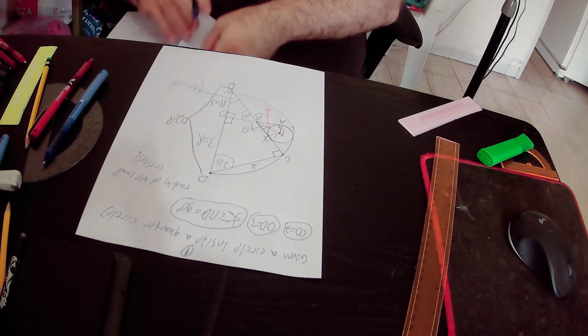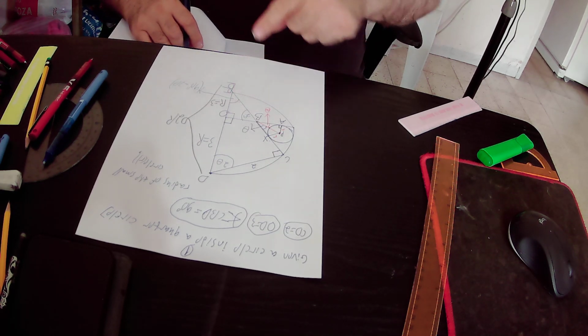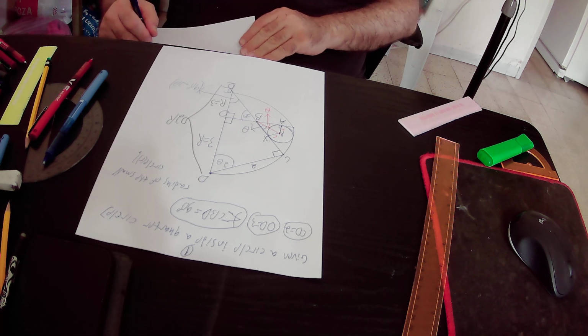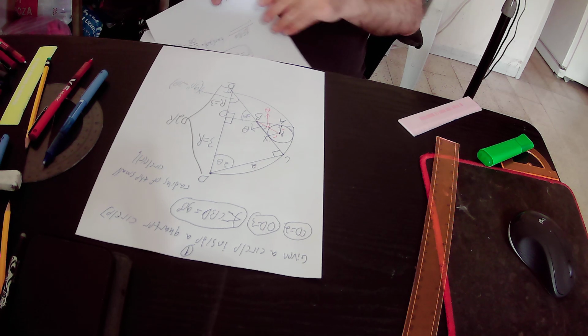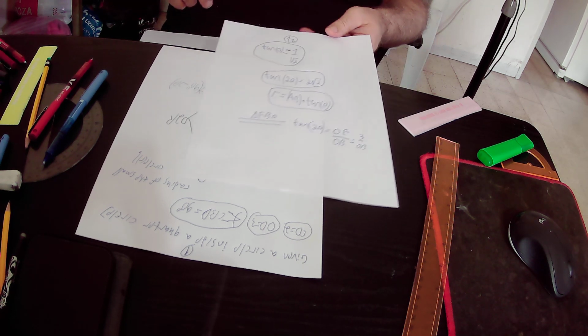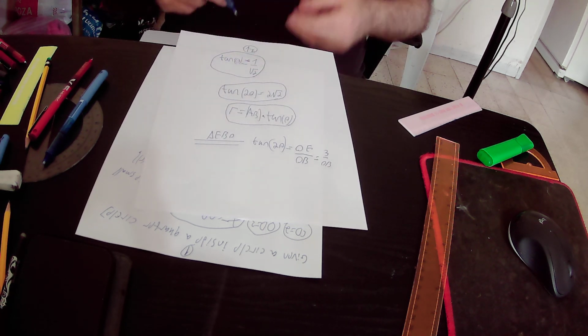But we have already found out that OE equals 3. So tangent 2 theta equals 3 over OB.